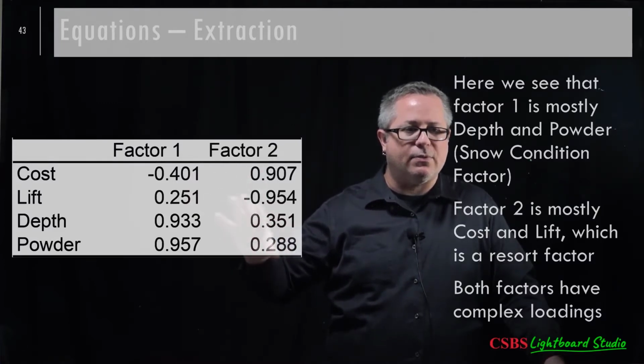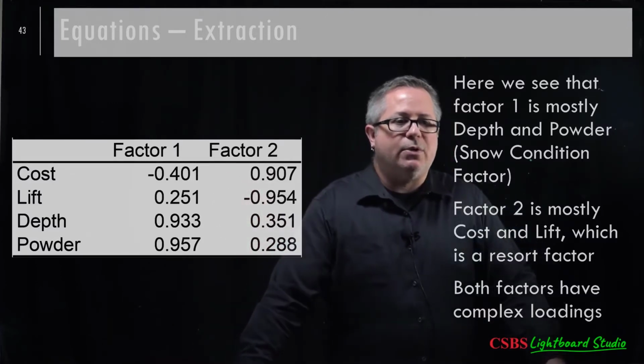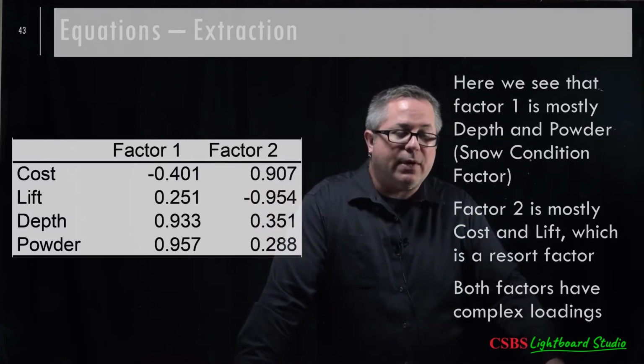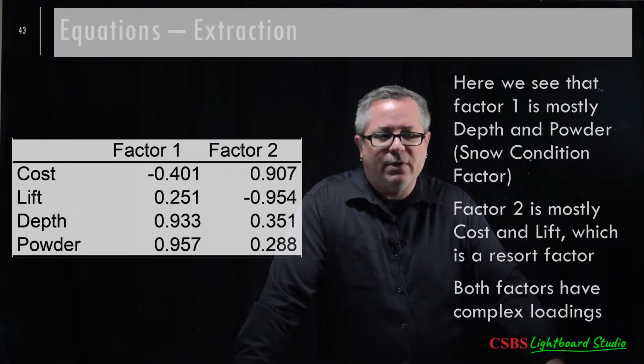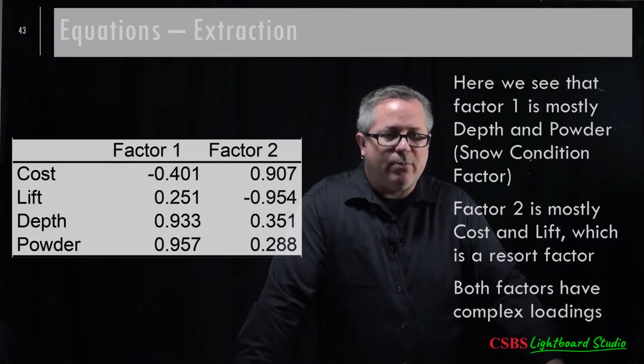That makes this somewhat complicated. There are some cross-loadings, or complex loadings. So factor 1 is mostly depth and powder, like a snow condition factor. Factor 2 is mostly cost and lift, which you can think of as a resort factor. It's not just the snow, it's the resort itself. Both factors have complex loadings. But remember, this is just extracted, it has not been rotated.